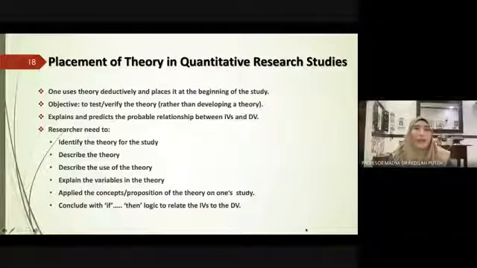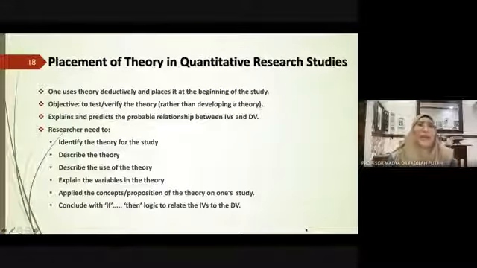Then you have to identify and understand the origin of this theory, why this theory came into the picture, why Herzberg introduced this theory, and how this theory evolved. Many researchers also use the theory and modify it, and you have to report all this development.